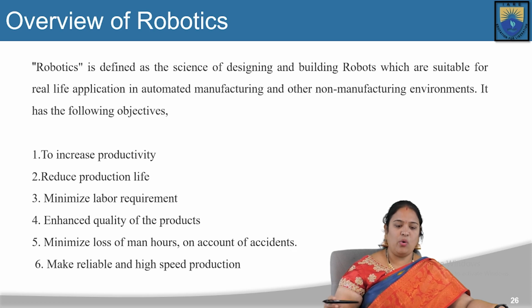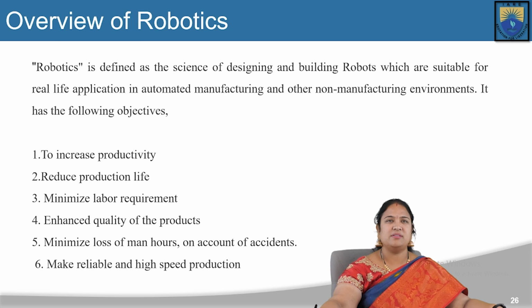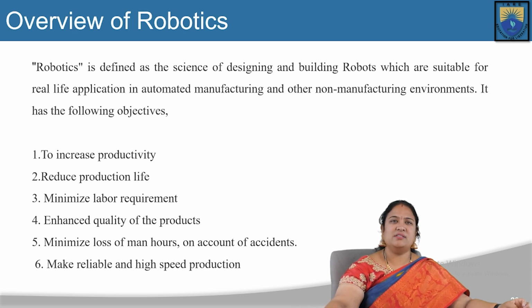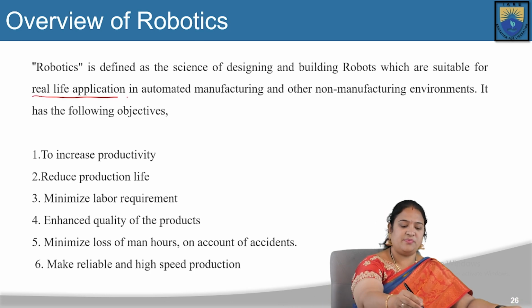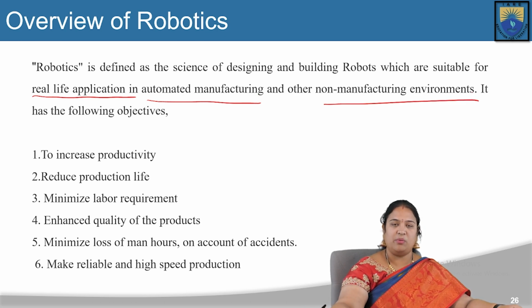Next, coming to the overview of the robotics. What do you mean by overview of robotics? Robotics, as we all know, is defined as the science of designing and building robots which are suitable for real life applications, and in automated manufacturing and non-manufacturing environments.